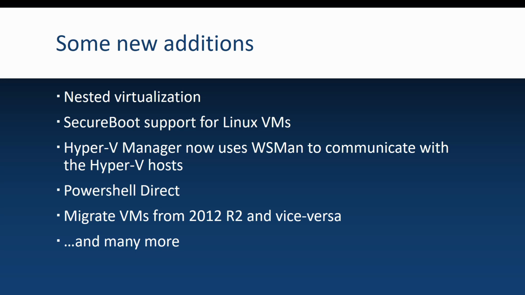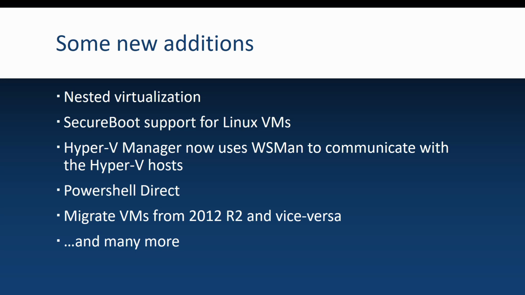PowerShell Direct does exactly the same thing, but with PowerShell. So this means that you can use PowerShell remoting on a Hyper-V virtual machine from the Hyper-V host without even needing to configure any network settings, because instead of using TCP/IP, it will use the VM bus.